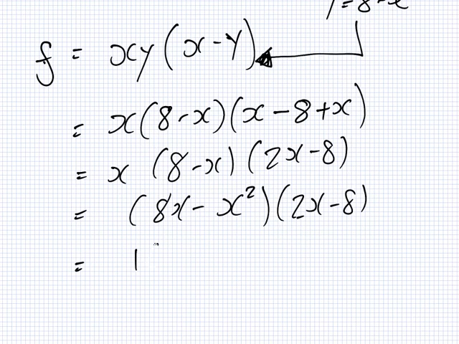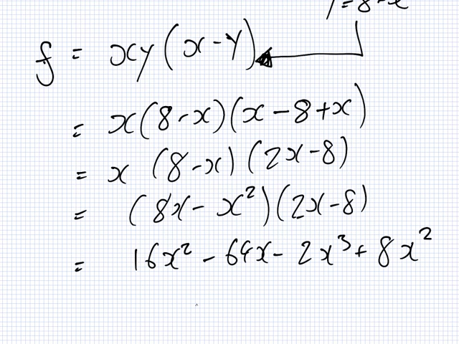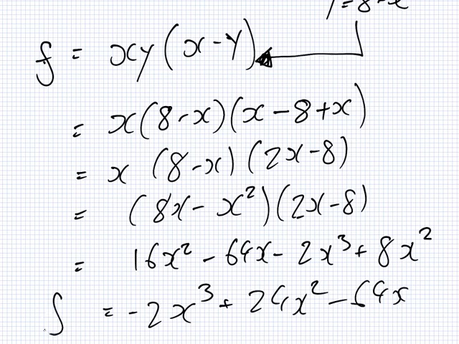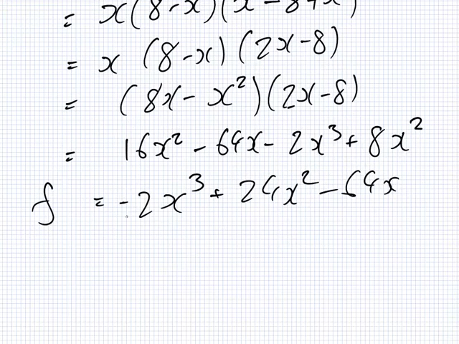That'll be 16x squared minus 64x minus 2x cubed plus 8x squared. So that's minus 2x cubed plus 24x squared minus 64x. And I want to make this a maximum.